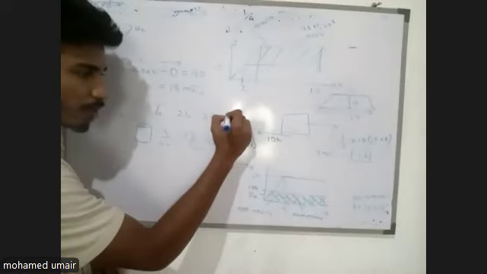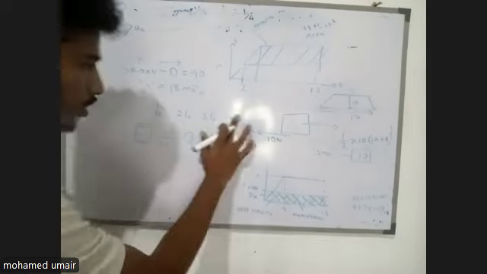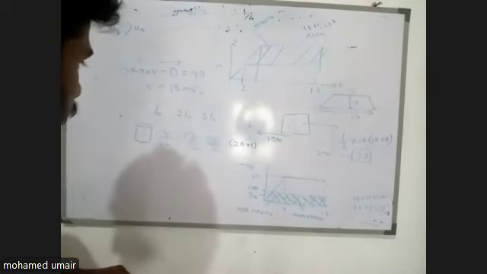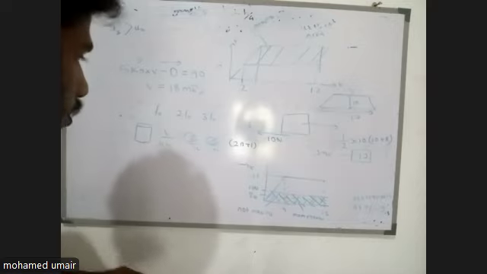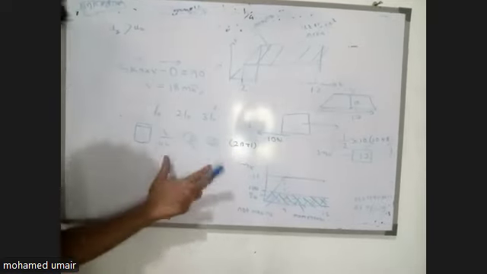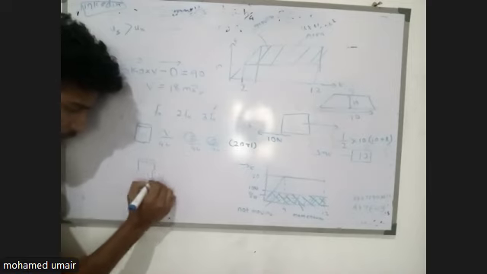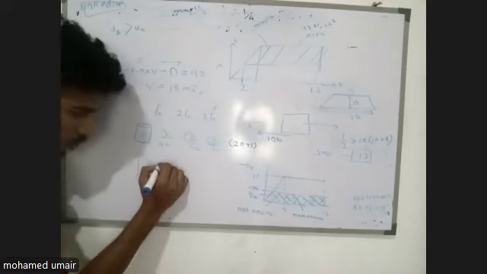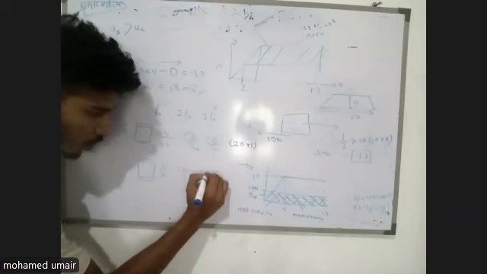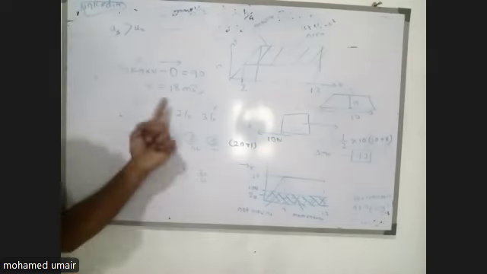For a string, it will be n plus 1. For this one, it is 2n plus 1. And if it is open at both ends, the pattern is V over 2L, 2V over 2L, 3V over 2L, like this.